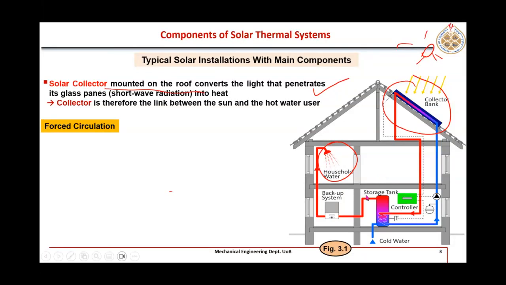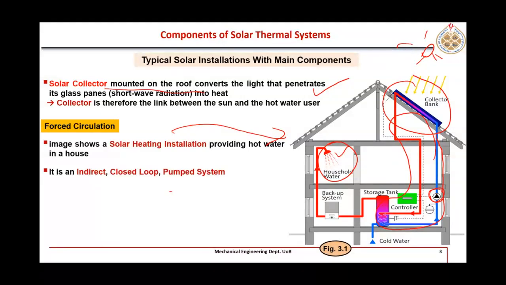Now we can classify these solar thermal systems mainly into two major categories. One is forced circulation. The figure you see here is a solar heating installation providing hot water for the house. It is forced circulation because there is a pump making this fluid flow. Also, this solar loop is a totally closed loop, and you can say it is an indirect type.